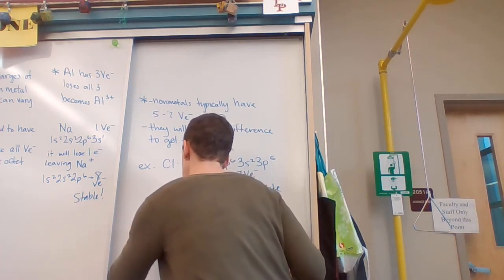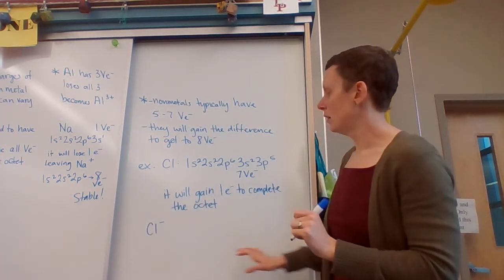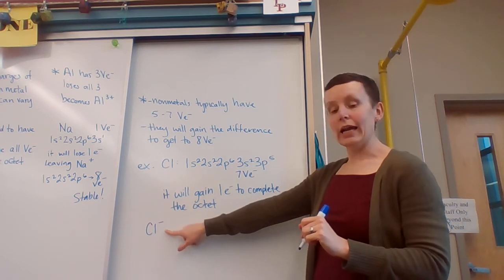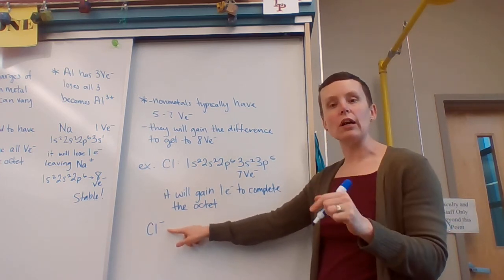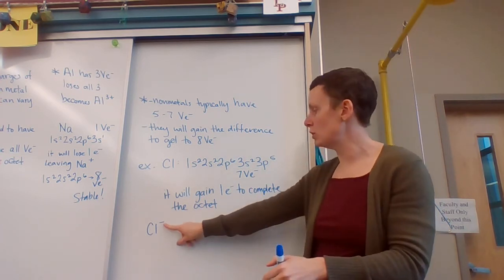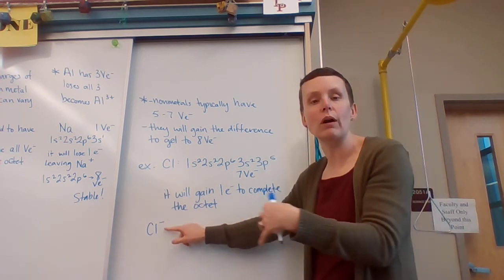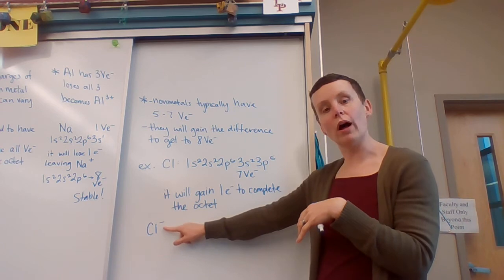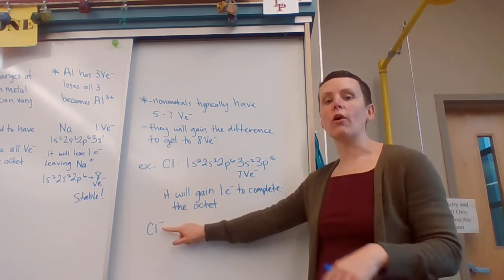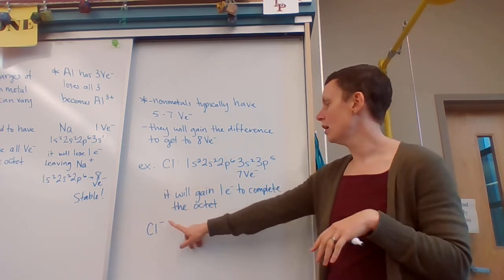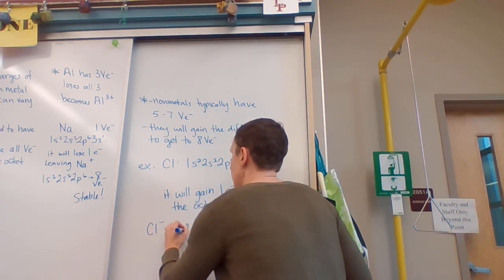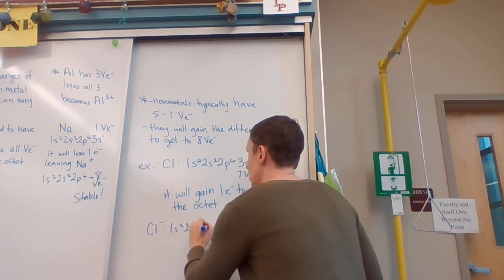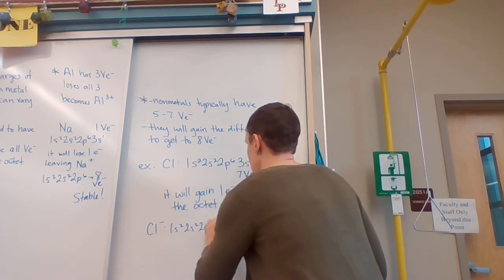Cl minus, that's chloride, because it's got a negative charge. Also, one more thing to mention here: if it's going to gain 2, then we would write 2 minus. Or if it gains 3, we would write 3 minus. We don't have to write 1s, but if it's more than 1, you always have to write that number as well.